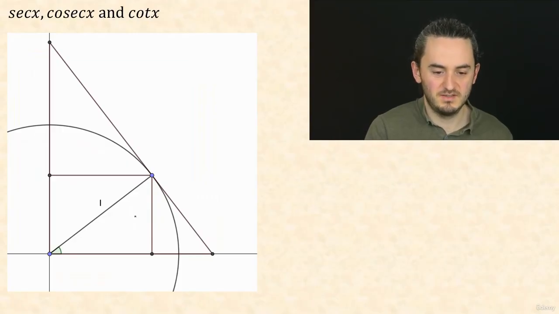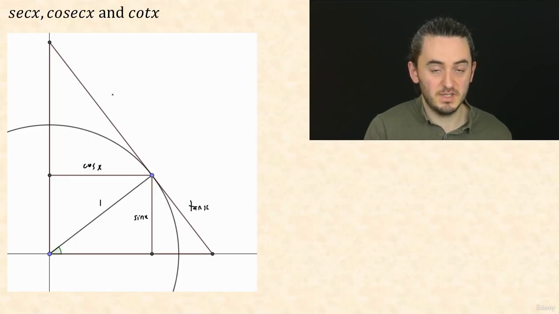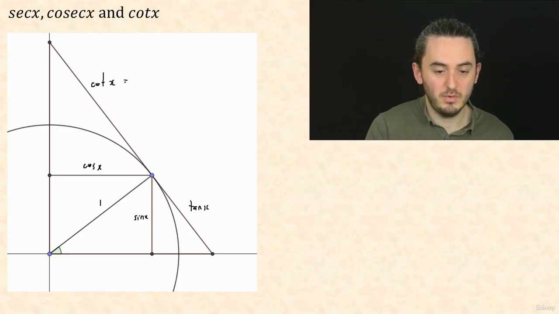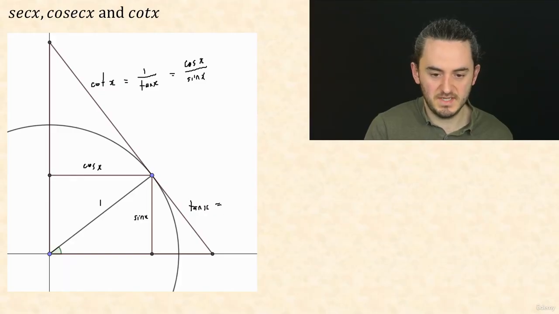That length is 1, that length is sine x, this length is cos x, then we've got tan x here, we've got the cot x here, cotangent of x, which we now know can be expressed either as 1 over tan x or cos x over sine x, just like this tan x here is also sine x over cos x.